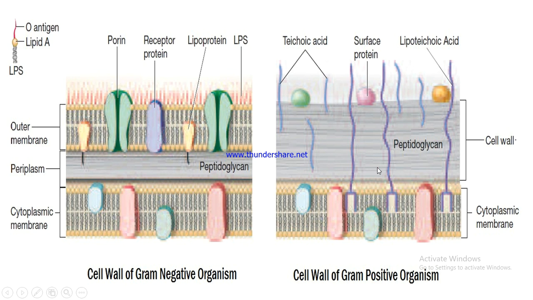Lastly, when we add safranin, the safranin gets attached to the outer layer, which is easily washed off when we wash the slide with water. So the main color which is retained by the Gram positive bacteria is the crystal violet color, that is the purple color. Now what happens in the cell wall of Gram negative bacteria?